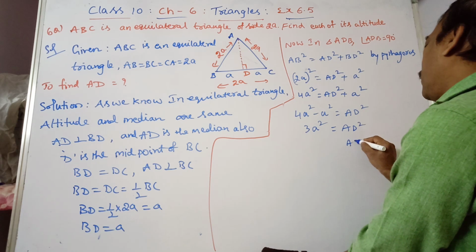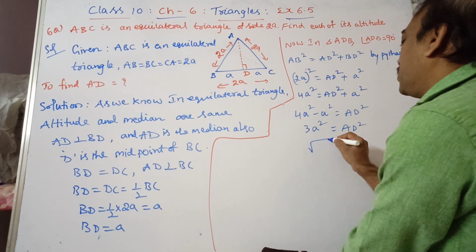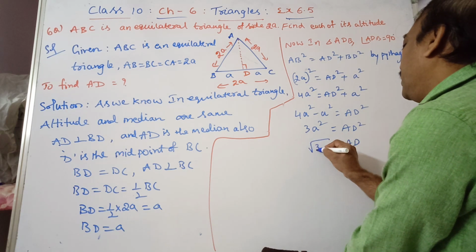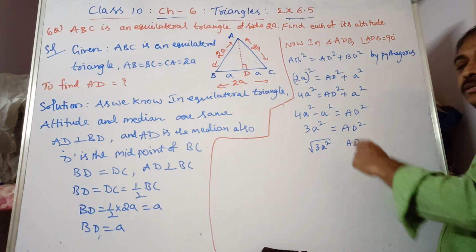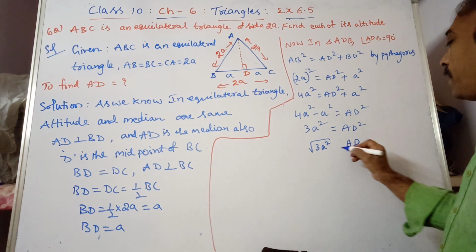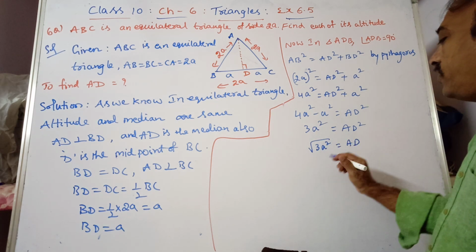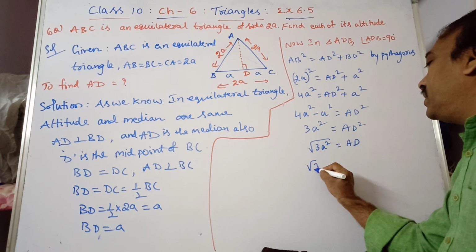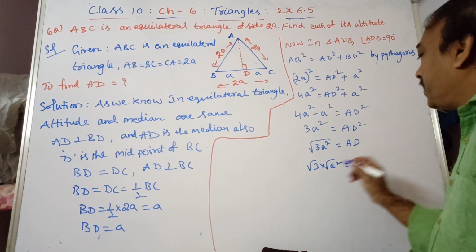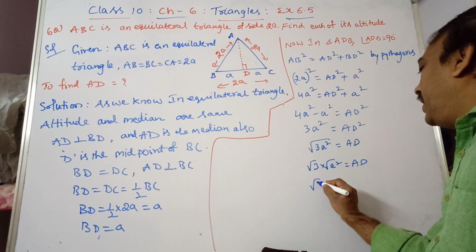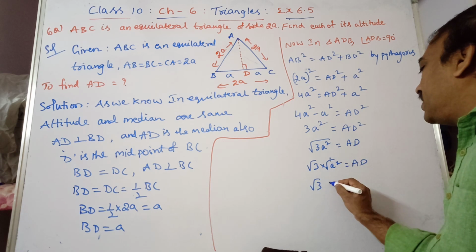Now AD is the square root of 3a squared. Taking the square root on both sides, root 3 into root a squared equals AD. The square root and square cancel, leaving a.